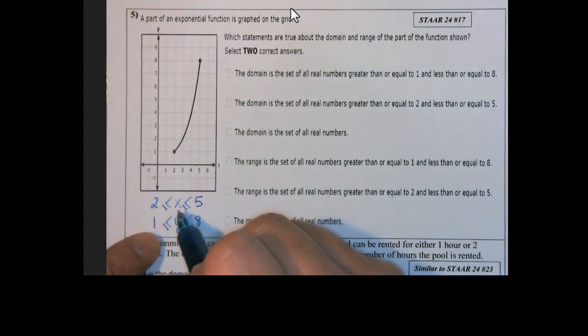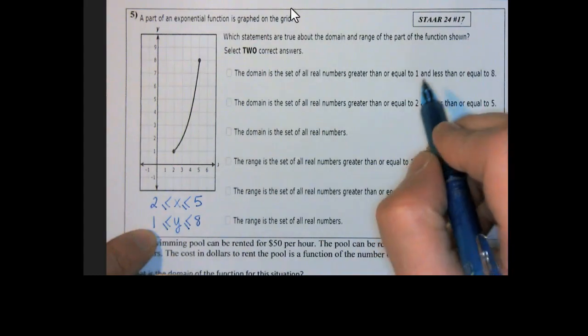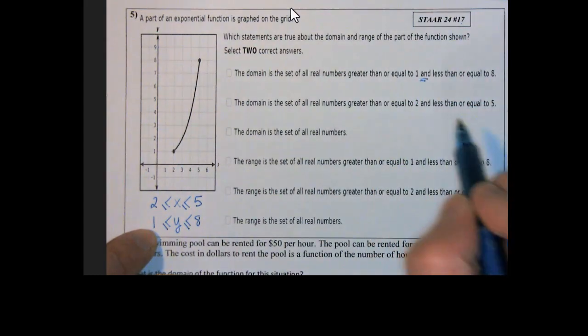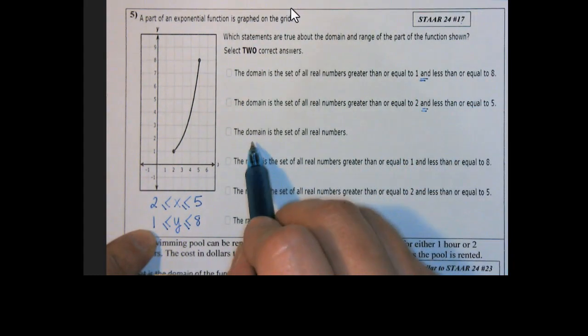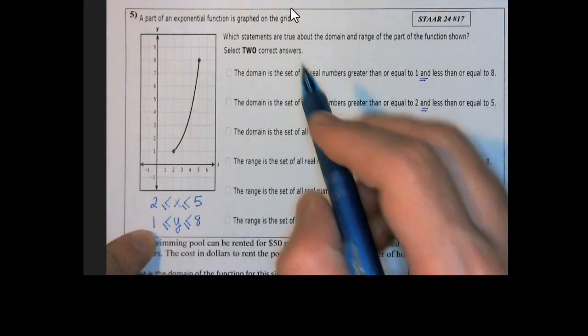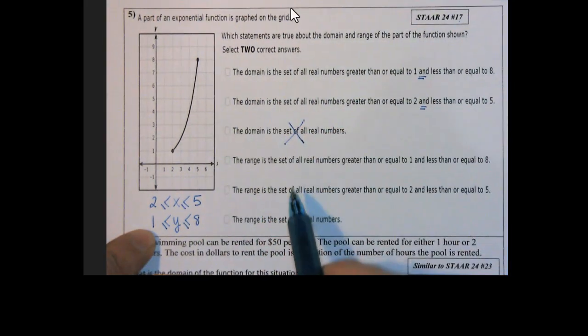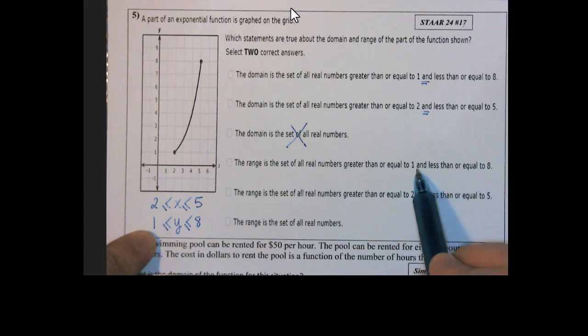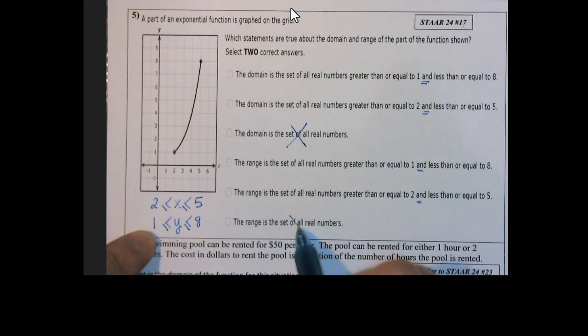Now, as you can see, both of these are intervals, so that means I'm looking for the word and. Right there, I see the word and. Here it says domain is the set of all real numbers. I can go ahead and eliminate that one. Here I have the word and the set of all real numbers. I can already eliminate these two.